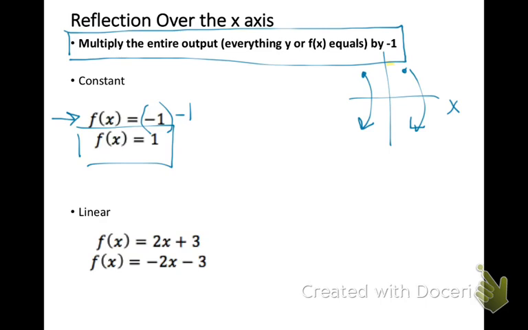For a linear function, if we start with f of x equals 2x plus 3 and multiply everything that f of x equals by -1, we will end up with f of x equals -2x minus 3. The entire line is flipped over the x-axis.